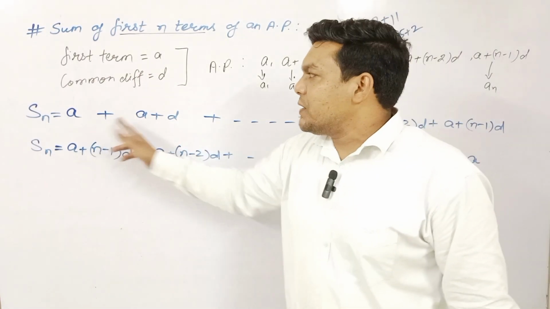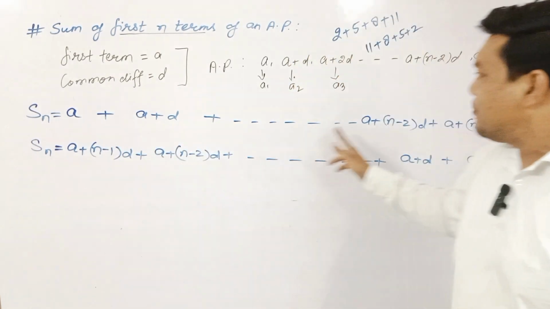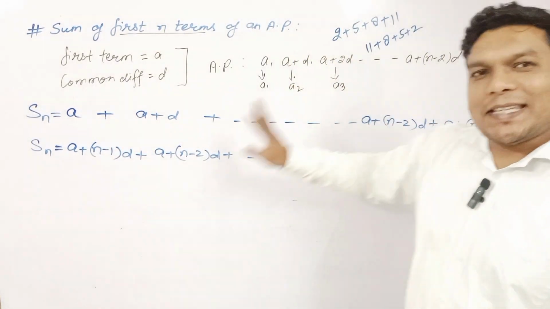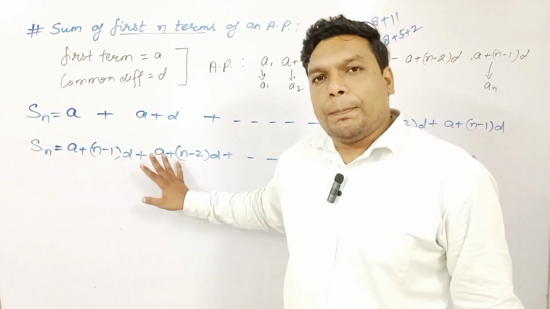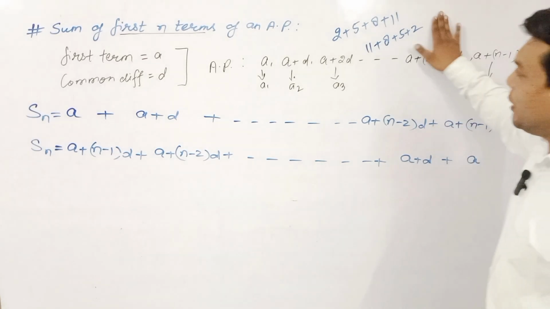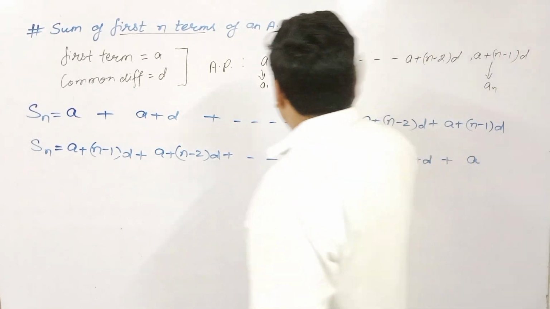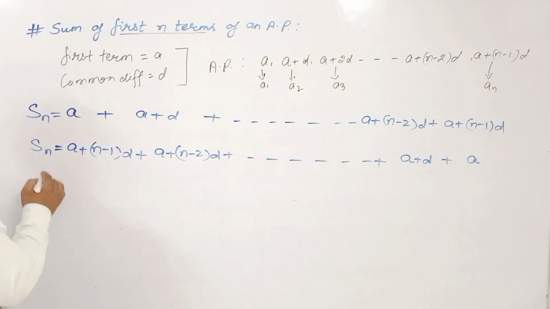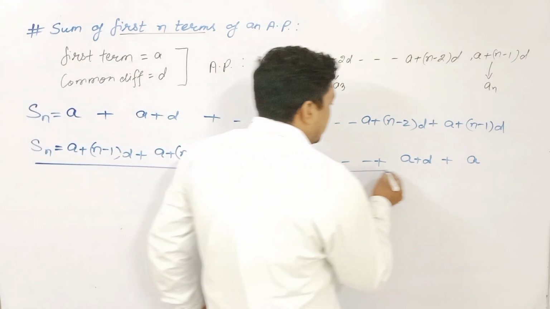So similarly, a plus a plus d plus, and so on, a plus n minus 2 into d plus a plus n minus 1 into d will be same as a plus n minus 1 into d plus a plus n minus 2 into d plus, and so on, a plus d and a. Okay, hope it is clear for everyone. Any doubt? Okay, so now what are we doing? Let's add these two equations.